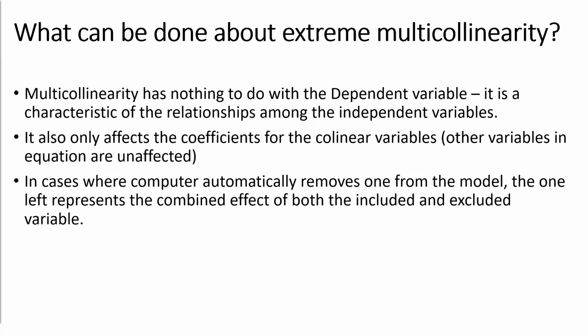It also doesn't have anything to do with any of the other independent variables. So if you have 4 or 5 variables in your model and 2 of them are collinear, those other independent variables are not going to be affected in terms of their coefficients, just the ones that are collinear. Other variables in the equation are not affected.